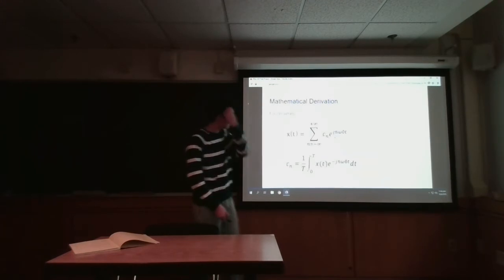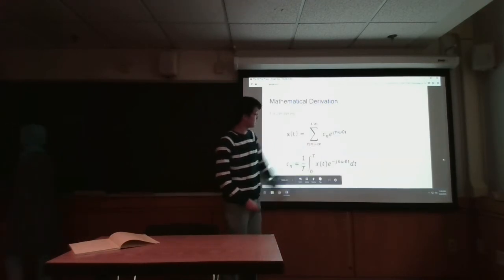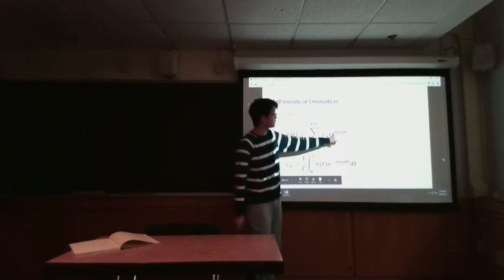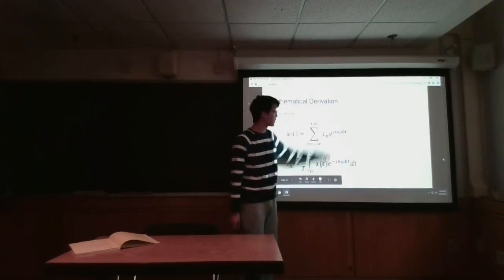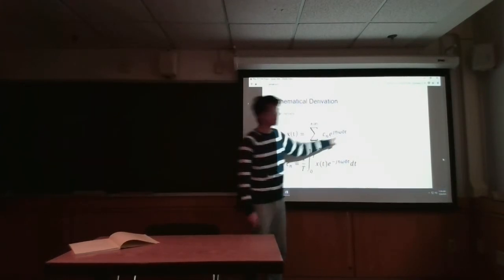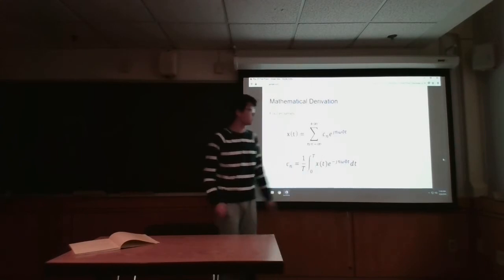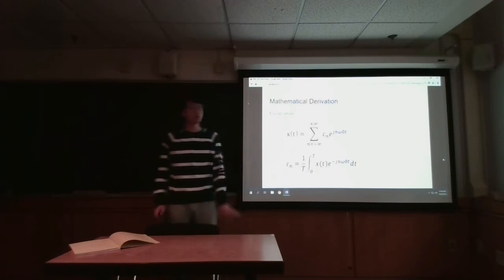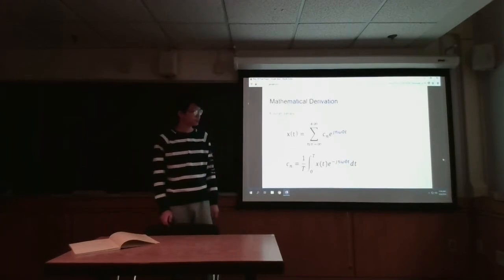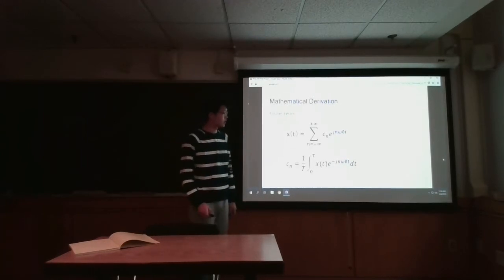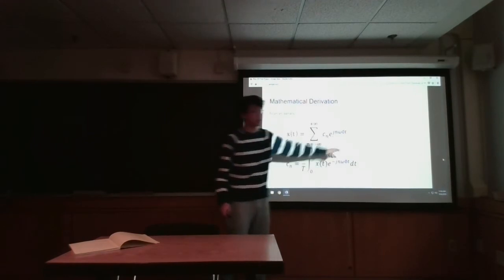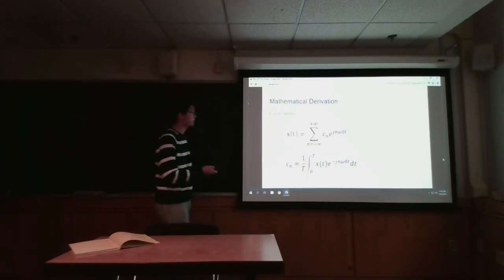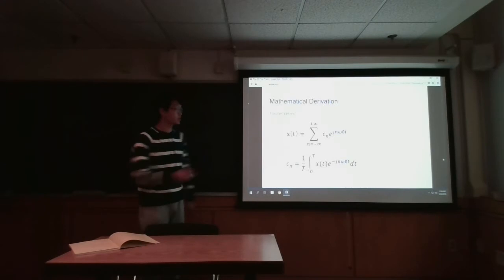In this function, j is just the imaginary number, and omega 0 is the natural frequency, which I will mention later. It's a frequency used in a lot of fields, and it is the key term when we apply these concepts on the engineering side.